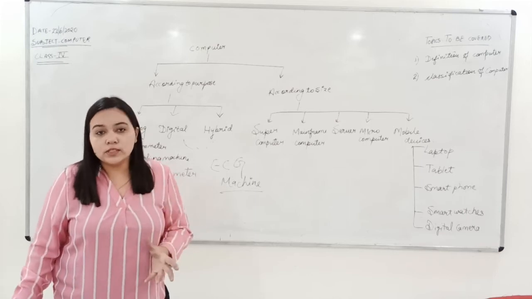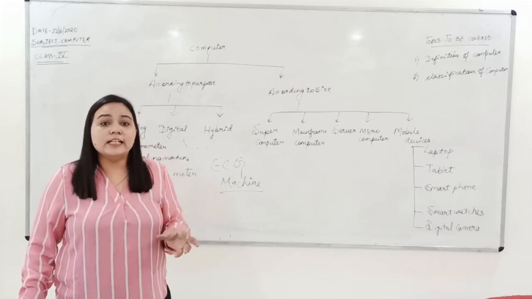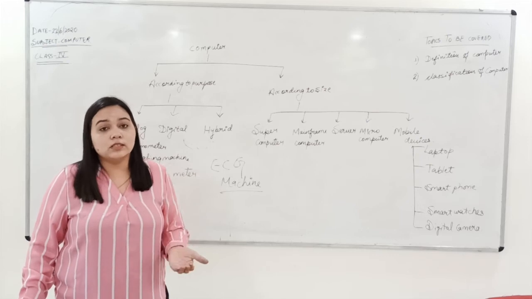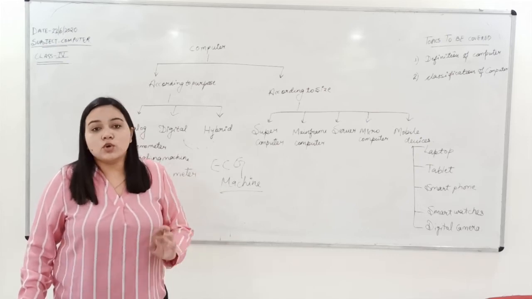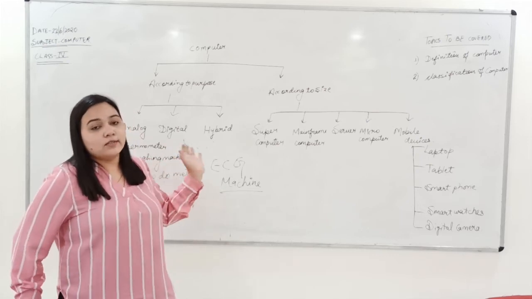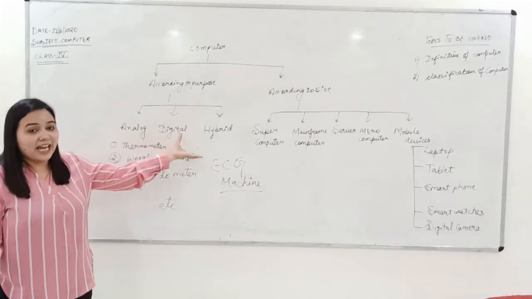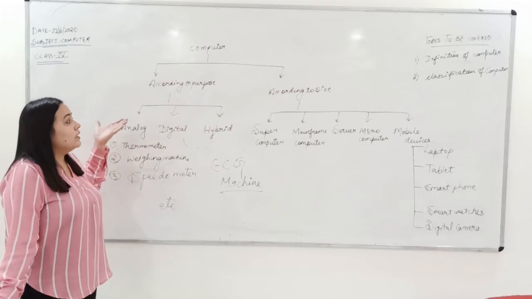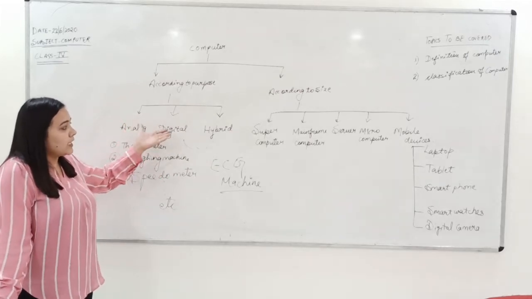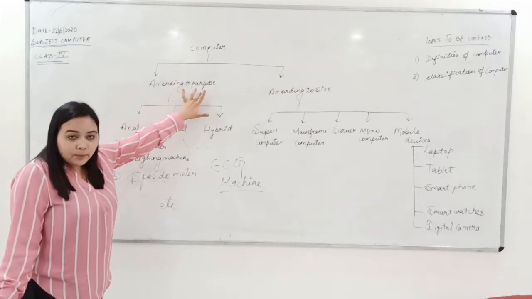Anything that computes, anything that calculates, anything that takes your instructions, processes it and gives you the result, that is called a computer. So all these three categories that we have discussed right now, analog, digital and hybrid, are different categories of computer categorized on the basis of their purpose.